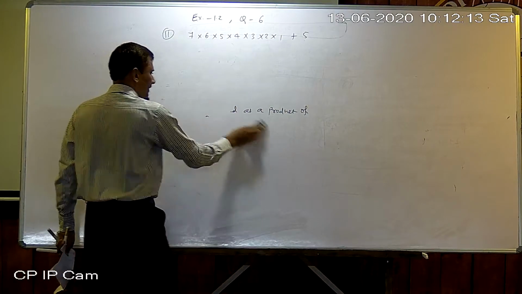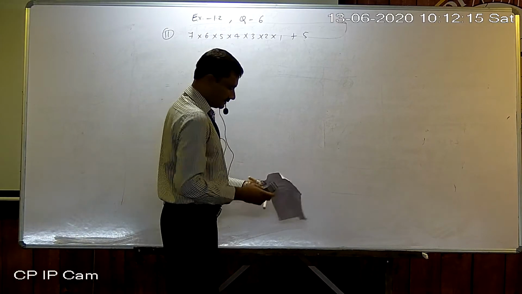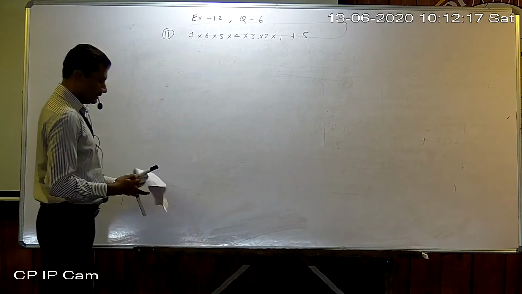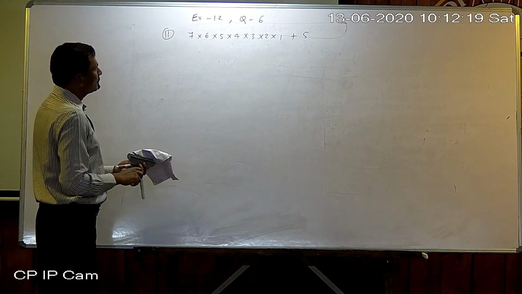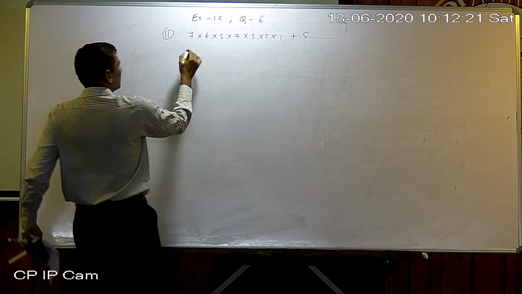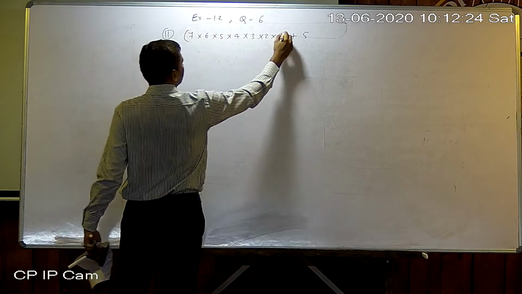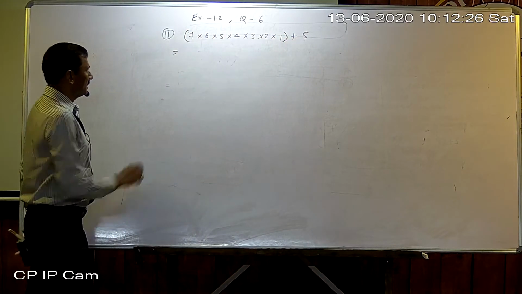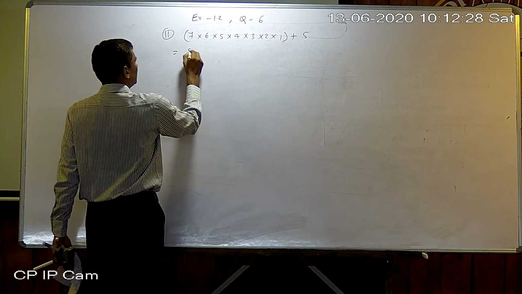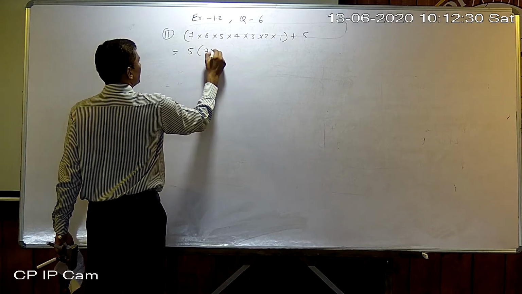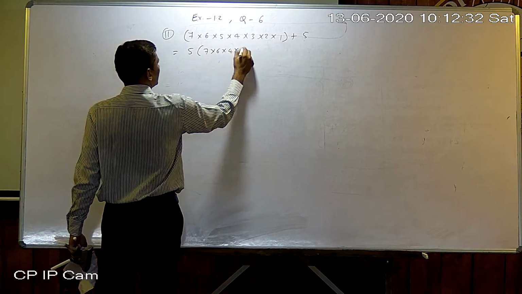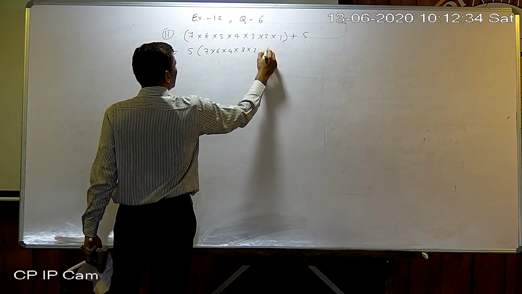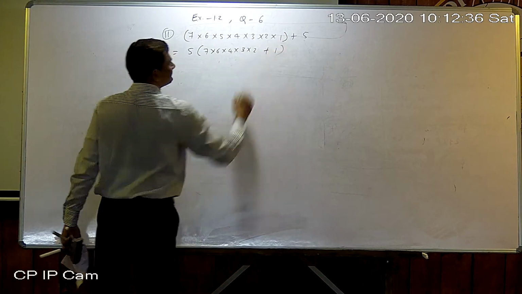The first term is quite long, but not so big. This is the first term, this is the second term. Now take 5 as common. Whatever is left here is 7 into 6 into 4 into 3 into 2. No need to write into 1, plus 1.